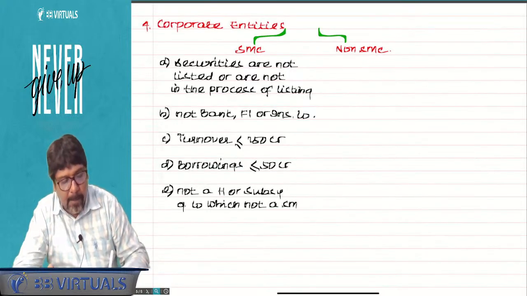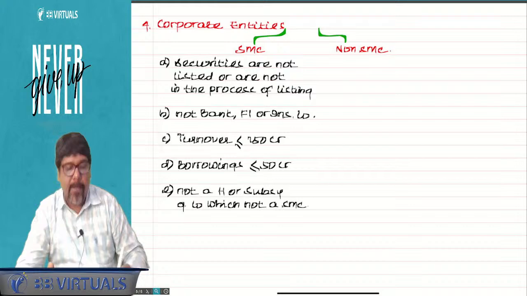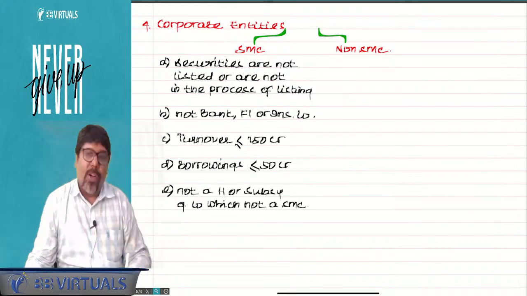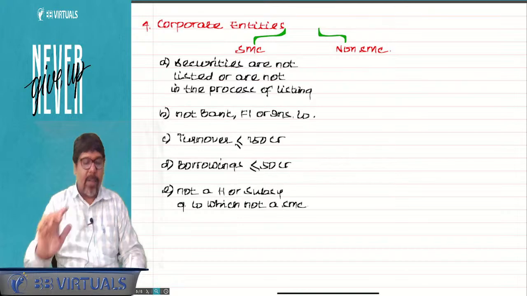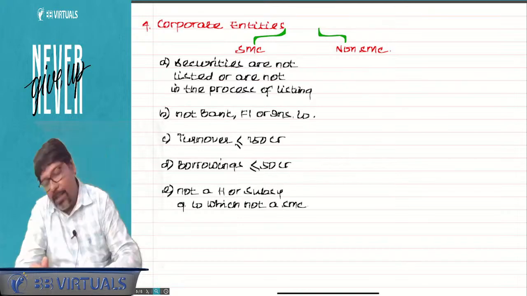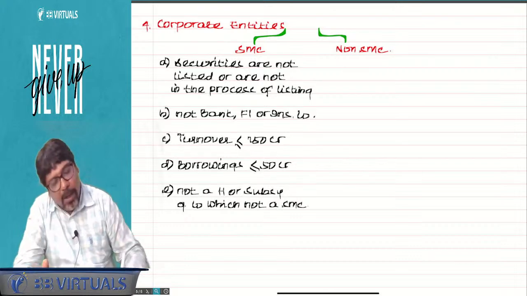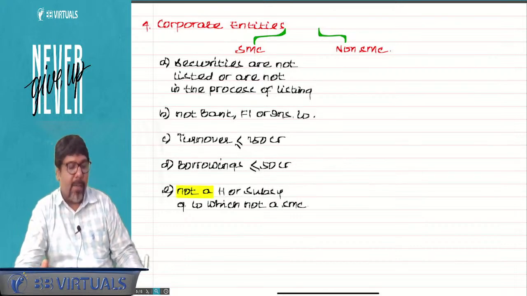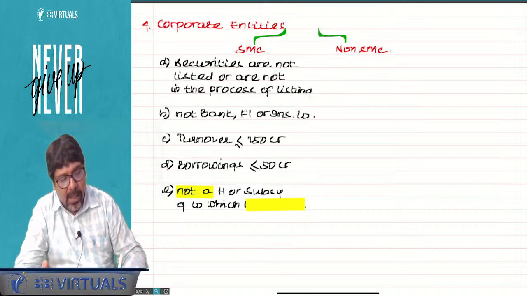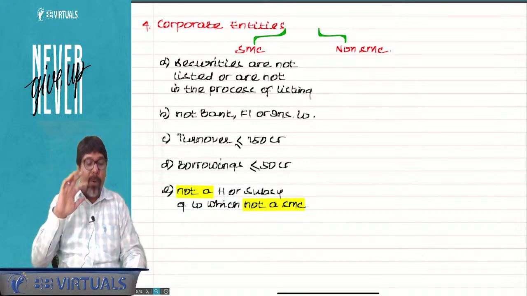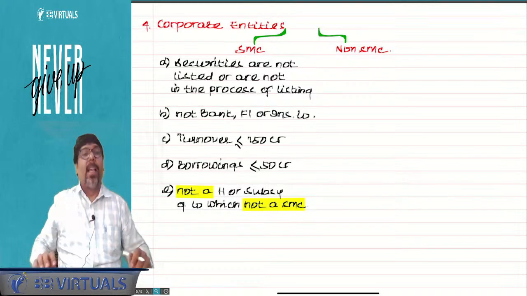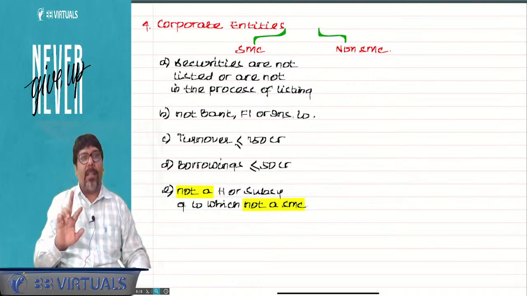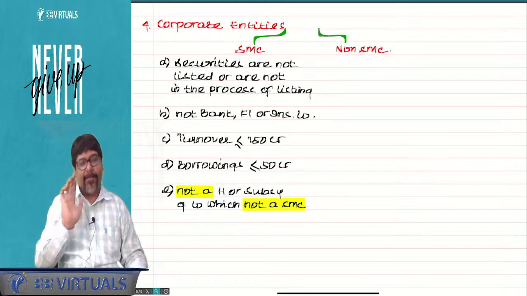SNC: not a holding or subsidiary of a company which is not an SNC. So basically, it's a holding or subsidiary of a company which is SNC. Am I clear? But again, whichever is higher, you have to remember.